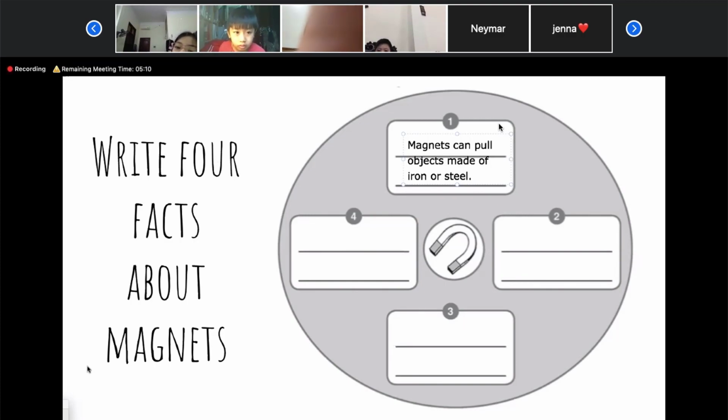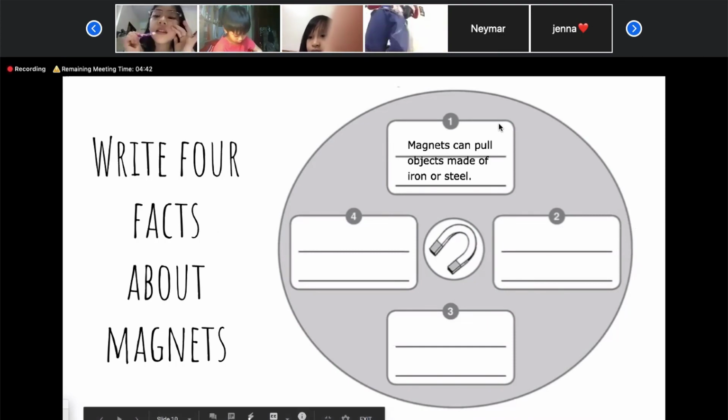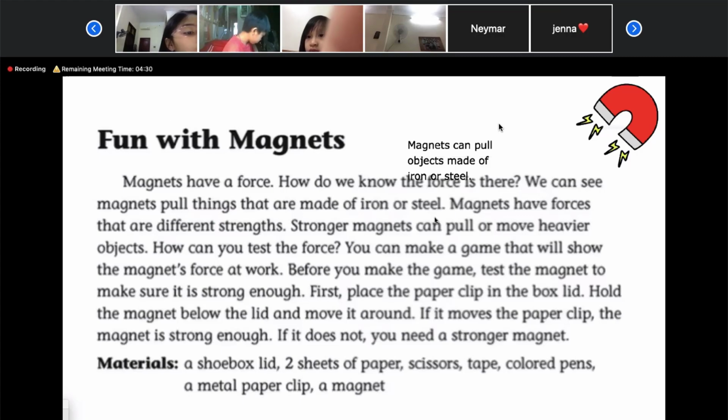What do you know about magnets? I learned about magnets. Are all magnets the same strength? Yes. Really? Let's go back and check. Okay, so let's look here. Are you looking? Magnets have forces. Read the sentence that I've just highlighted. Magnets have forces that are different strengths.